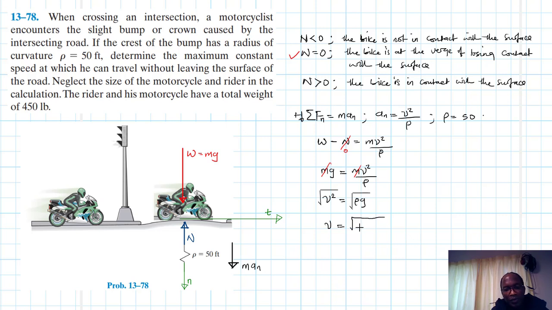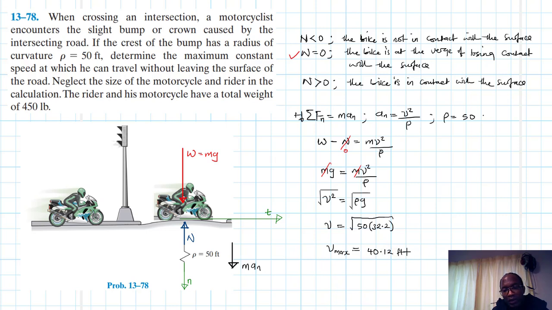Our rho is 50, our g is 32.2. Therefore our v, the maximum, will just be equal to the square root of 50 times 32.2, which gives us 40.12.